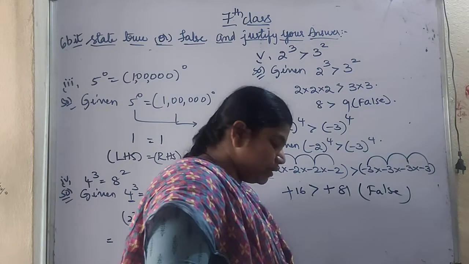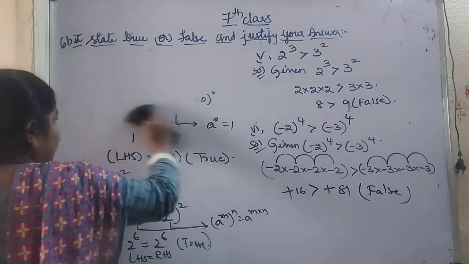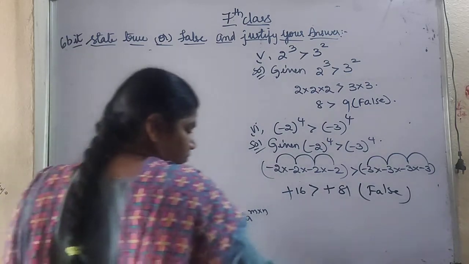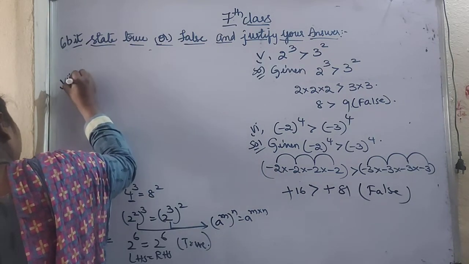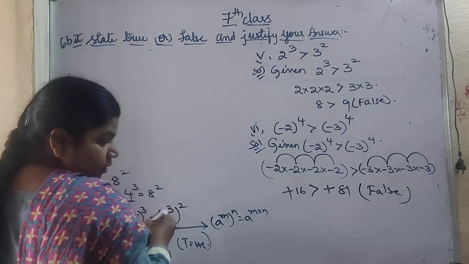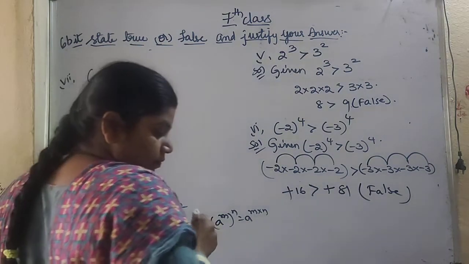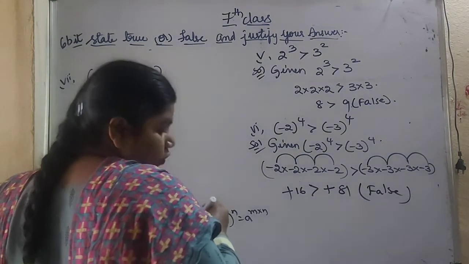Next, last bit in this, the 7th question. That is minus 2 whole power 5 is greater than minus 3 whole power 5.